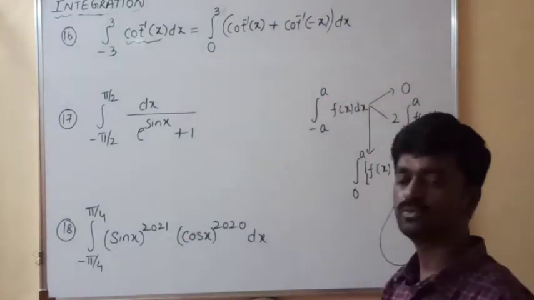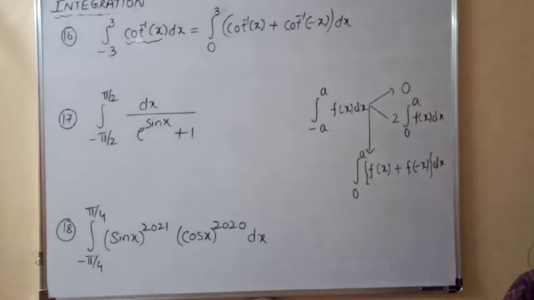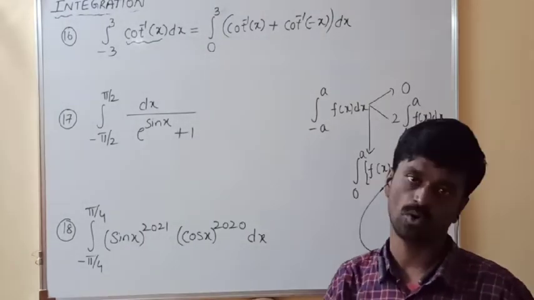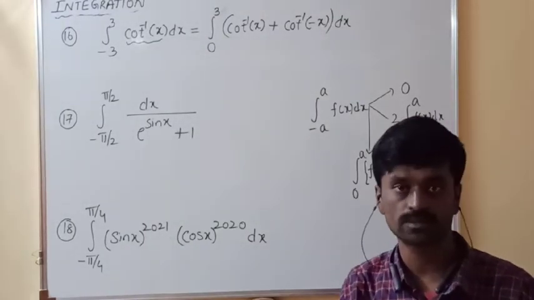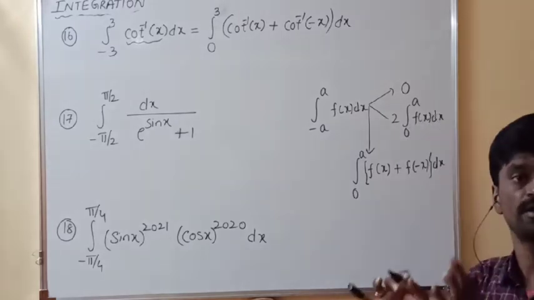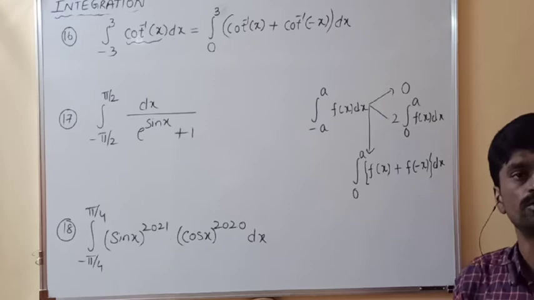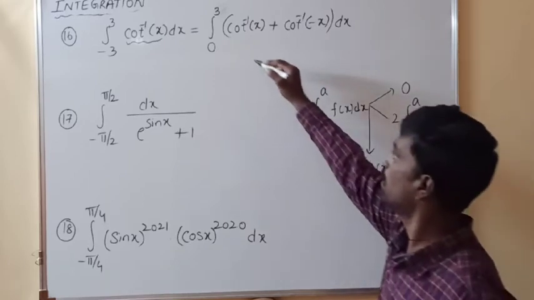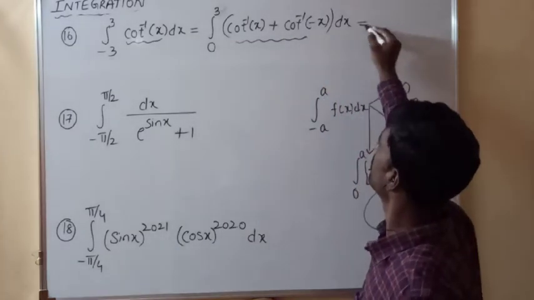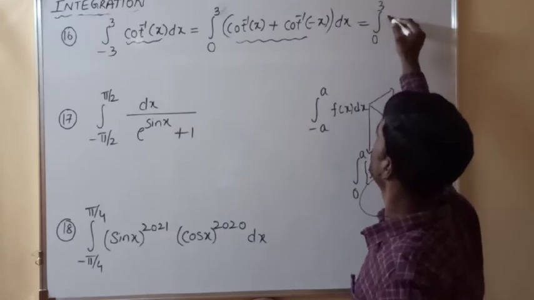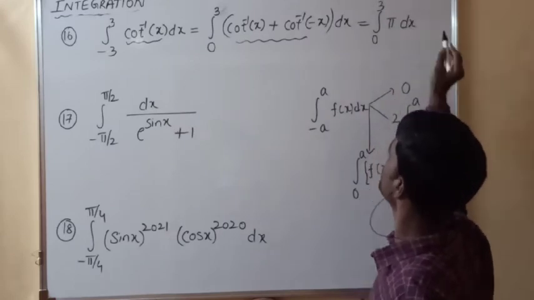Okay? And as we know that cot inverse of minus x is pi minus cot inverse x. That means cot inverse of minus x plus cot inverse x is equal to pi. That means this whole sum is equal to pi. So the integral from 0 to 3 of pi into dx.